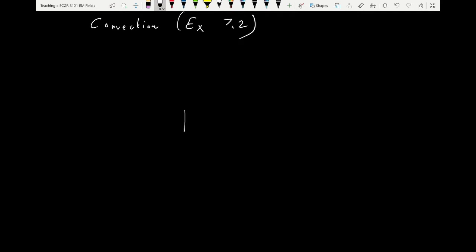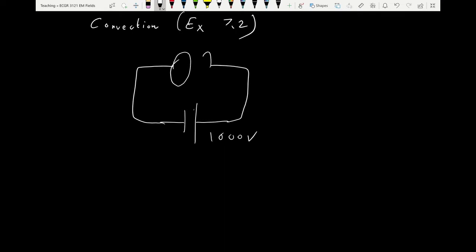We have a battery that can give you a voltage difference of up to 1000 volts, right? And it's connected to two plates. Plate number 1 and then plate number 2, two conducting plates with a short distance between them. So there's a distance d between them.